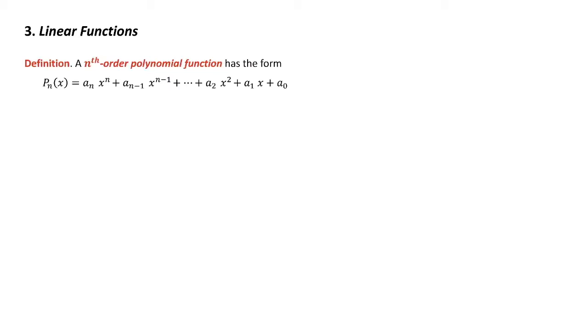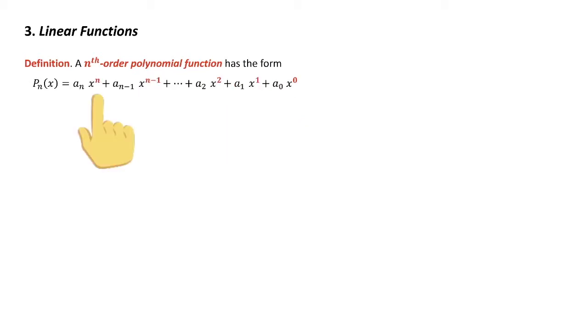We'll address this later, but an nth order polynomial function has this particular form. Nth order, so I write Pn. P stands for polynomial, n for nth order. And what they're going to look like is constants. These are called constants. Just keep the pattern going: constant, constants, constants. And they're going to have powers.